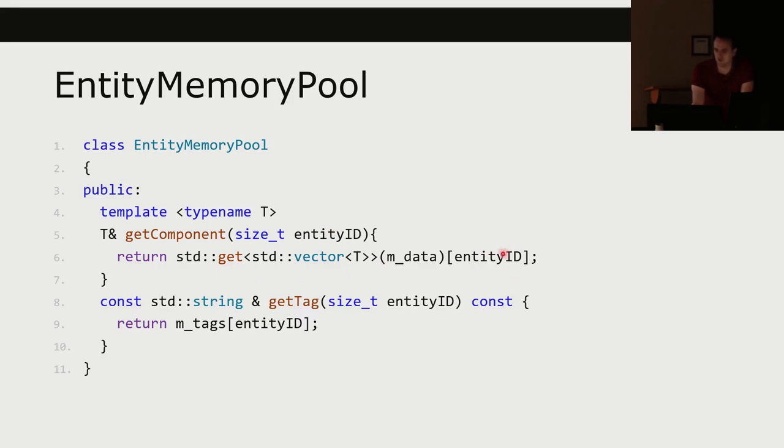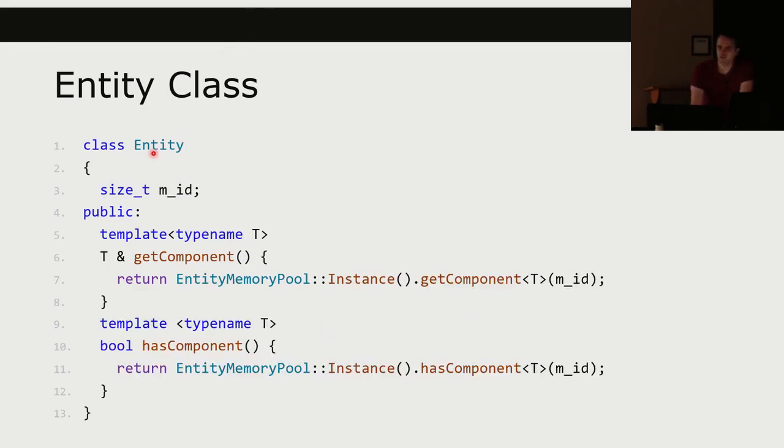And now when we say get the transform of entity 1, what we've also gotten in the cache are the next few transforms, right? Because they're all contiguous in that vector of transforms. Down here, if we wanted to get the tag, then we would just look up the tag. So we have one tuple for all the components, and then we have all the different tags stored separately, the tags and the bools, etc.